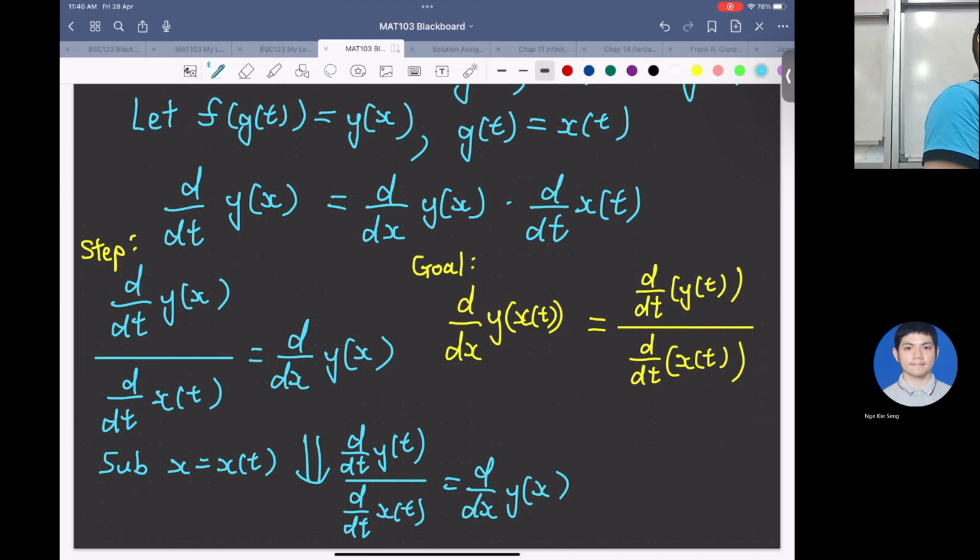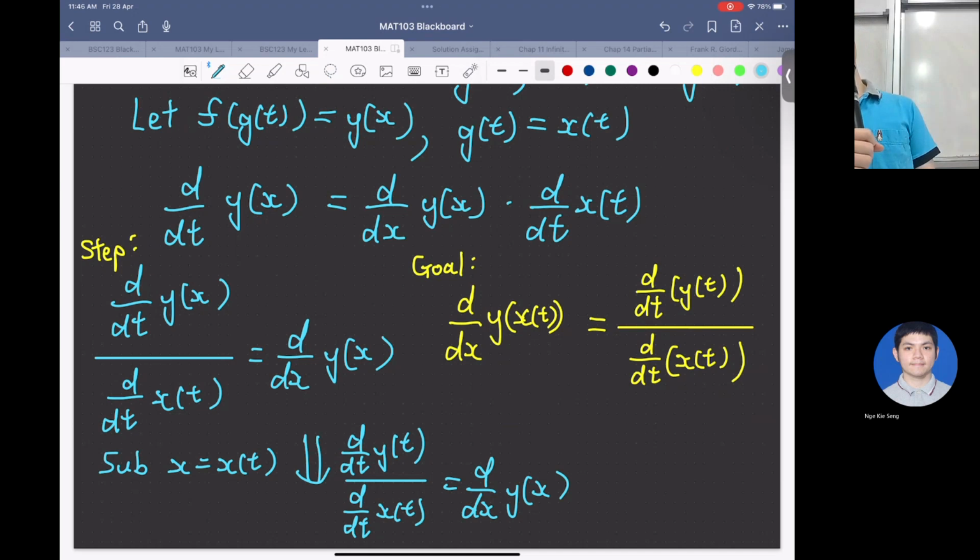But it's still doing the same thing. Then you can sub the x to t, but you get the same thing, because the original is dy/dx. So your function doesn't have t, how do you differentiate with respect to t?